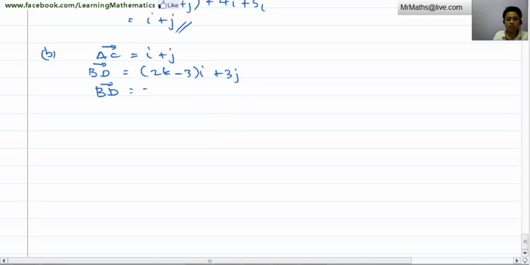For it to be parallel, 1 over 3 of 2k minus 3 must be equal to 1.